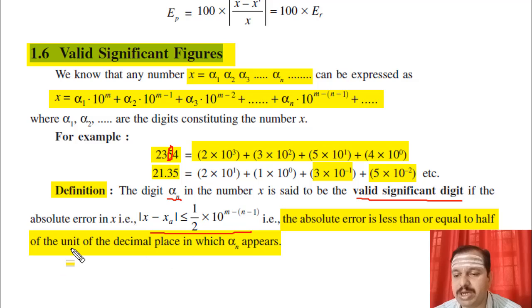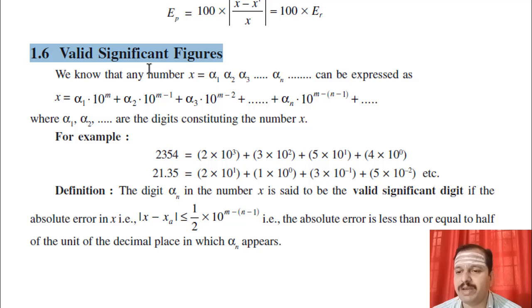We have to see its unit and take half of that. So if the absolute error is less than or equal to that particular quantity, then we say that alpha n is the valid significant digit. Now let us try to solve one example which involves the concept of valid significant digit.